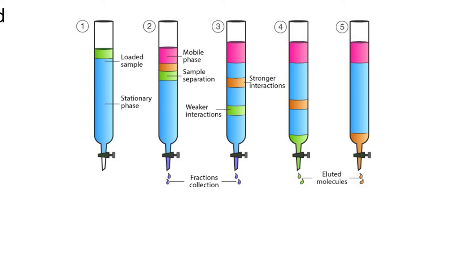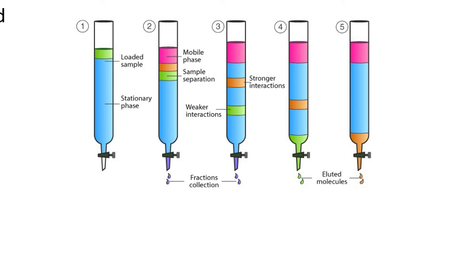But as you can see here, the green is starting to move through faster than the orange. So which one has a higher affinity to the stationary phase? The one that is moving slower through the stationary phase. Which one is moving slower? The orange one here is moving slower because it's traveled only this far compared to the green one, which has traveled that far.